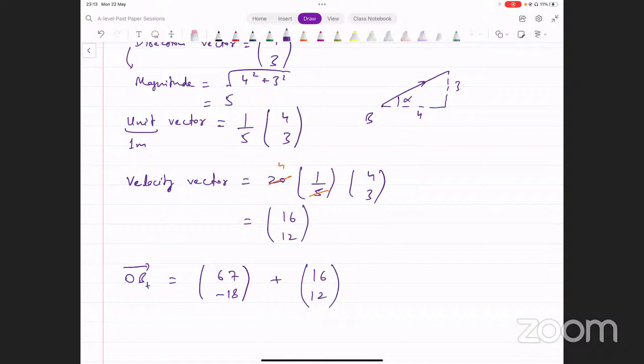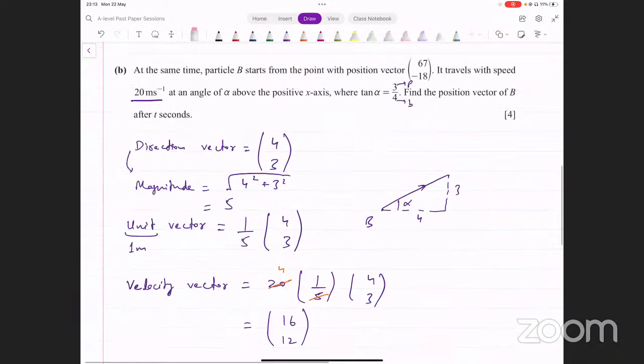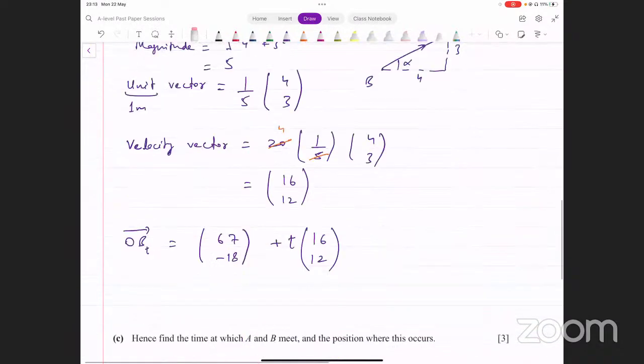This is how much this is moving every second. तो t seconds में कितना करेगा? t multiplied by this, and that's the position vector of B after t seconds. That's what this turns out to be. All right, in terms of t आपके पास ये आ गया. ठीक है, ये दोनों हो गए, दोनों वेक्टर्स आ गए आपके पास.